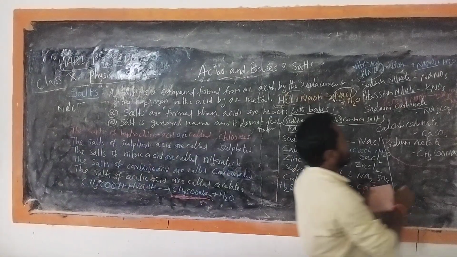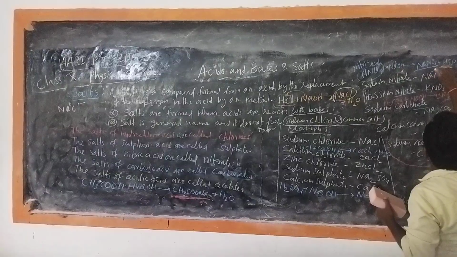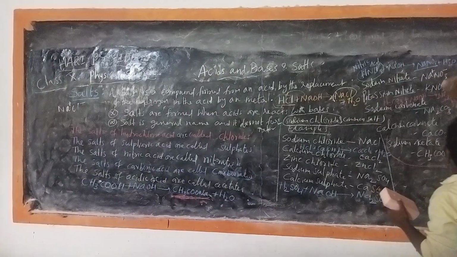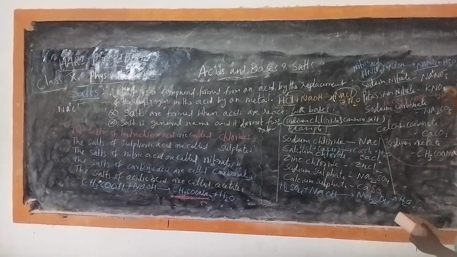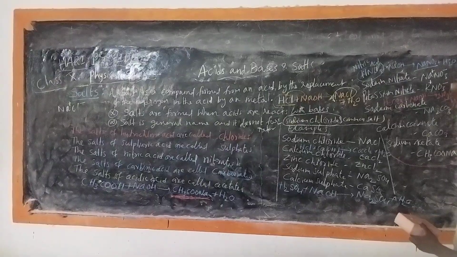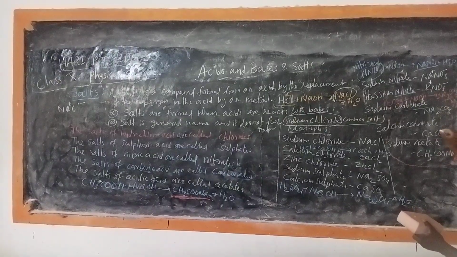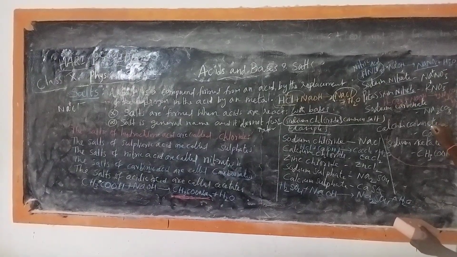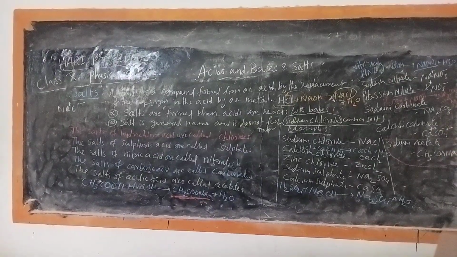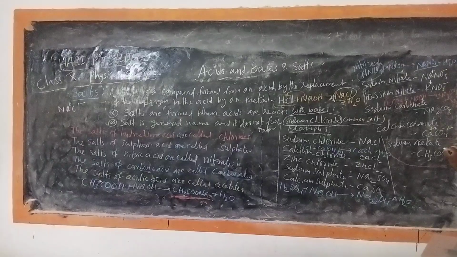Sodium nitrate has Na+ and NO3-. Potassium nitrate has K+ and NO3-. Calcium carbonate has Ca2+ and CO3 2-.